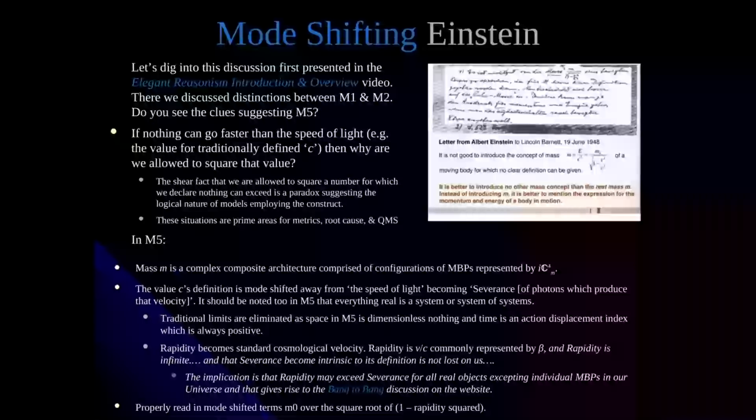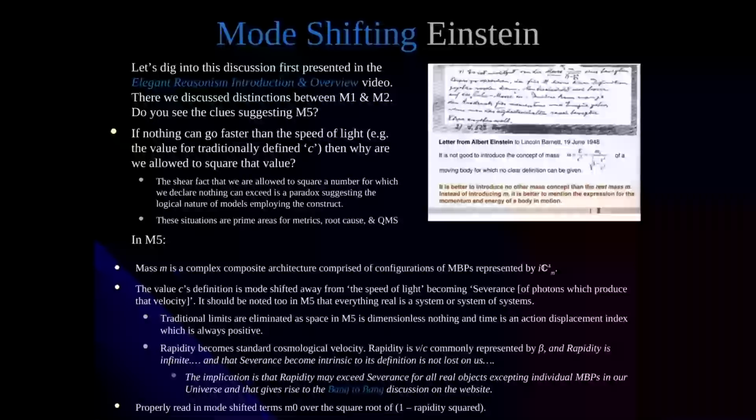When we dismantle the limitations of C, we understand that interferometers and other measurements that we use to determine the speed of light all produce the same speed because the severance of all the machines is the same, because they're all configurations of the same MBPs which have the same severance value. It is the system that produces the photon, it's the limitation of the system to produce it at that speed, not an external imposition of a dimensionality of something that doesn't exist in reality.